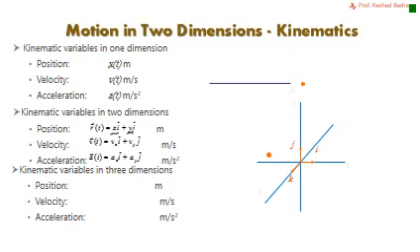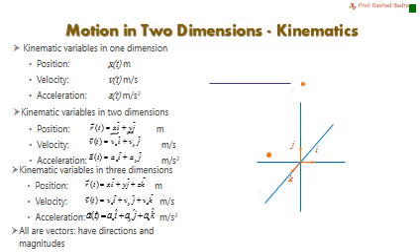However, in 3 dimensions, these variables can be represented in terms of the 3 unit vectors i hat, j hat, and k hat, where k hat is the unit vector along the z-axis. So we have these 3 definitions. As you know, all these vectors must have directions and magnitude.